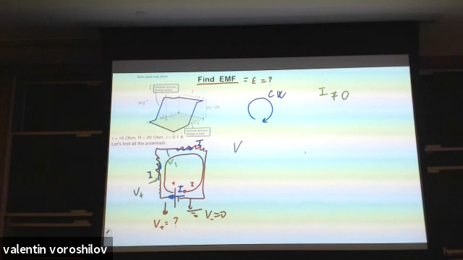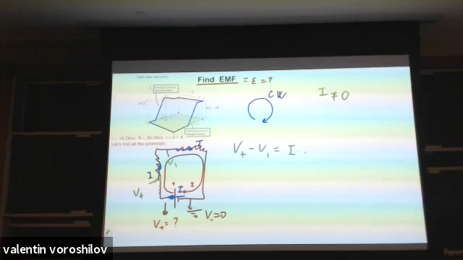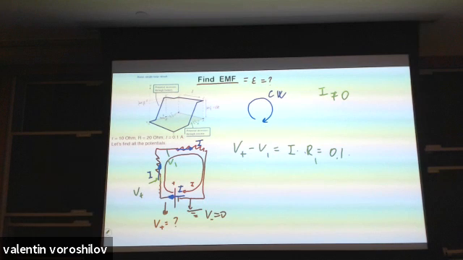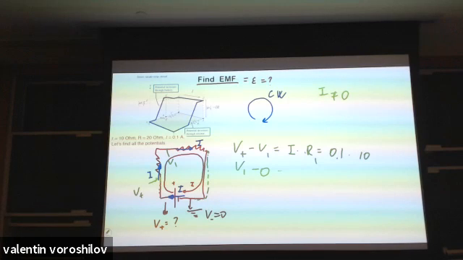And V plus minus V1 has to be equal to electric current times resistance, which is 0.1 times 10. But then potential drops to a new value, and this new value is just equal to 0. So now V1 minus 0 should be equal to electric current times R2, which is the same current times the new resistance.